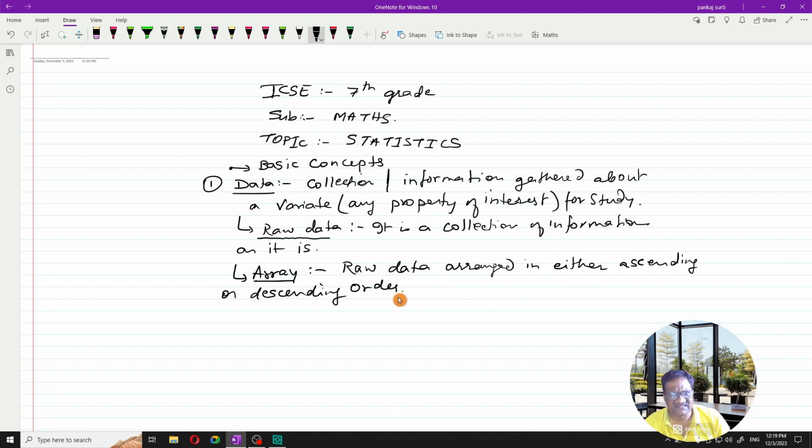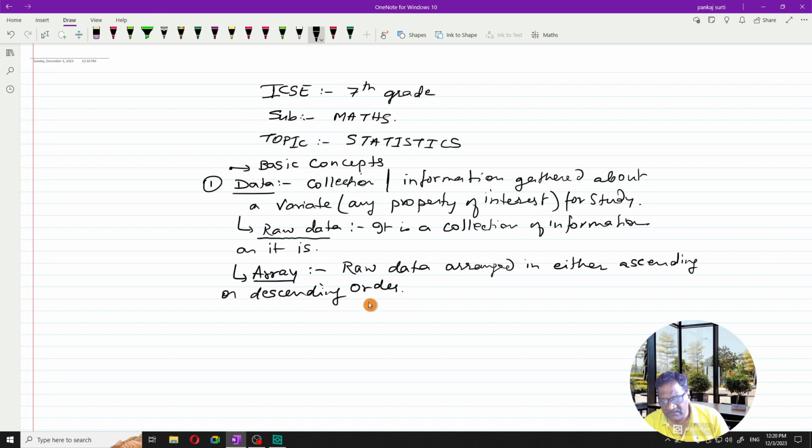Since now we are in 7th grade, these words may seem to you like a bouncer, but you are going to study all these things. So array is nothing but arranging the raw data in either ascending or descending order, and this becomes very necessary in certain cases. So that is arraying the data.